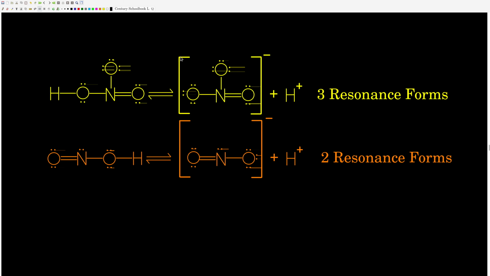So let's look at the different numbers of oxygen atoms, comparing nitric acid to nitrous acid. Nitric acid has these 3 oxygens, so when nitric acid loses its proton, it forms the nitrate ion. The nitrate ion has 3 resonance forms: a double bond to one oxygen, to another, or to another.